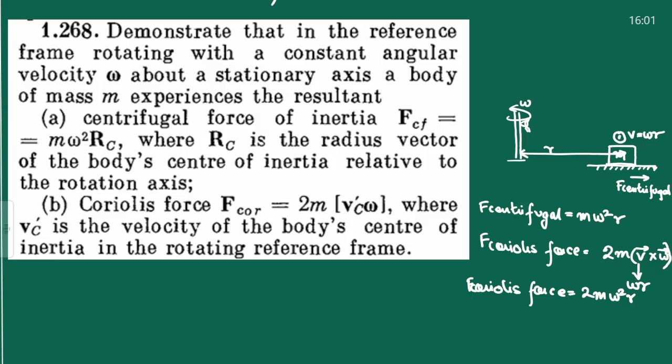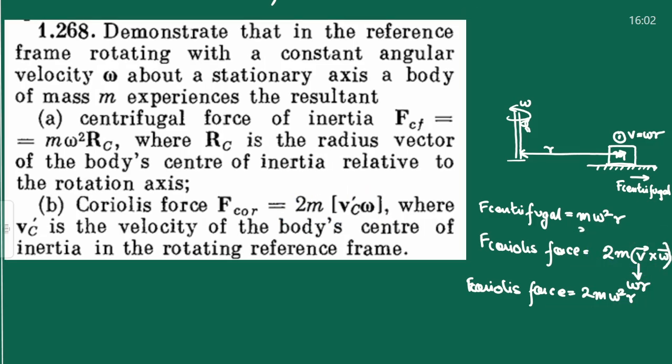Understood this much? This formula itself is given in the question. I just broke this formula into further values for this specific question. Now we'll see what actually is happening out here.